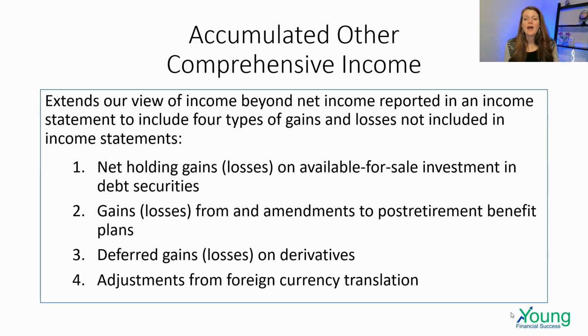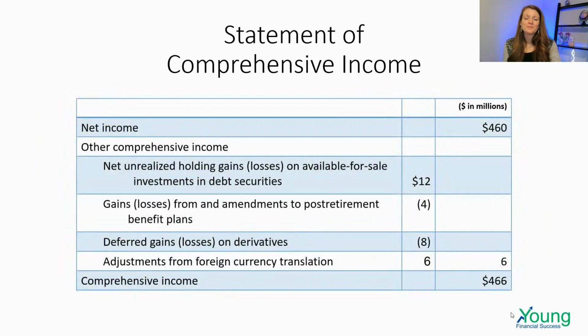So there's sometimes a gain or a loss there as well. So accumulated other comprehensive income is going to capture all of these one-off things that are not in the normal business operations, and maybe they're not even realized yet.